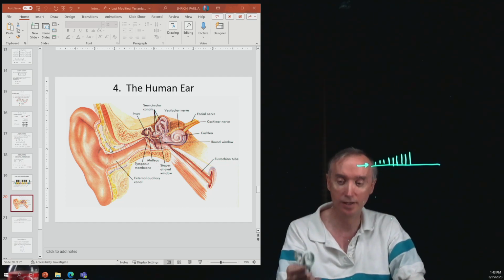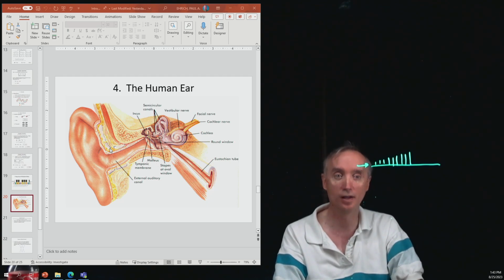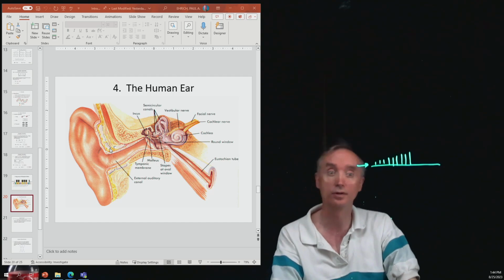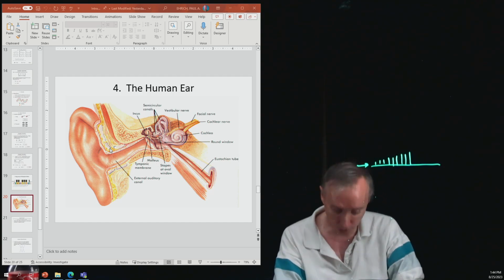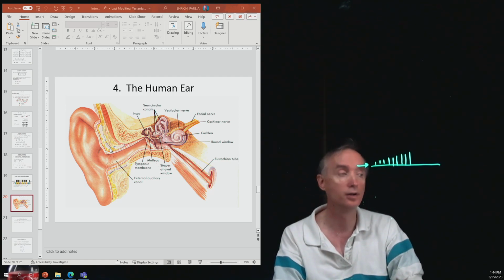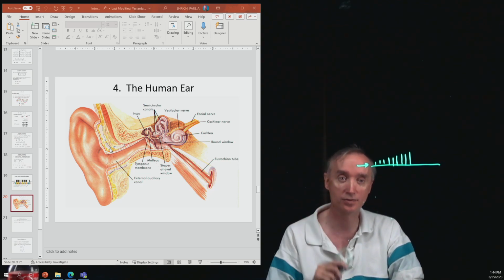So similarly, these things can detect whether your head is level. So they can detect whether your head is like this, or forwards, or back, or rotating from side to side. So that's what these things are for.